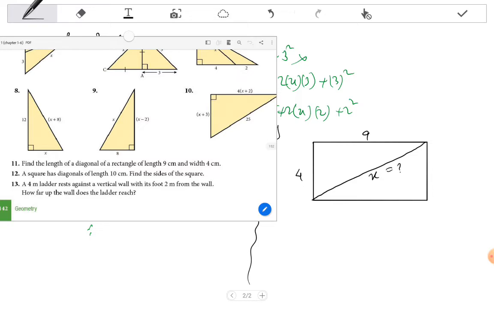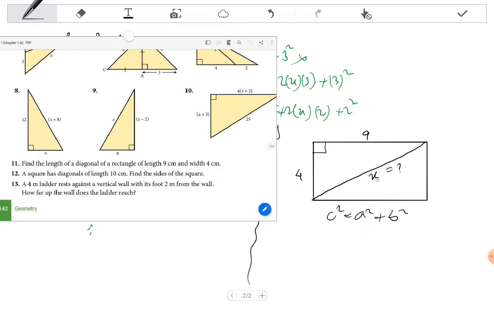So it's a very simple question. Just focus on this triangle. Don't see the whole figure. Just focus on this triangle whose one side is 9, the other is 4 and one is x. Apply Pythagoras theorem, c square equals a square plus b square, keeping in your view that the corner is 90 degrees in a rectangle.